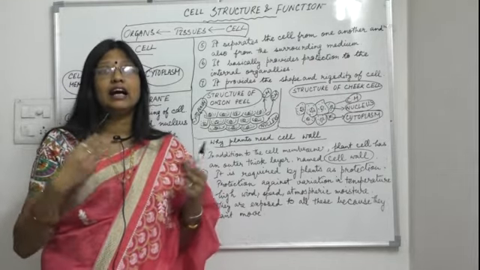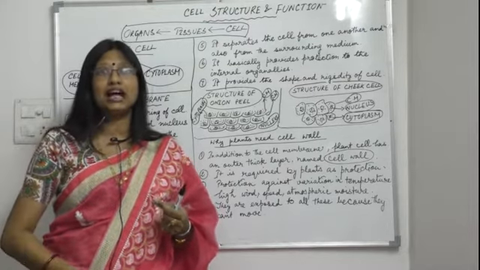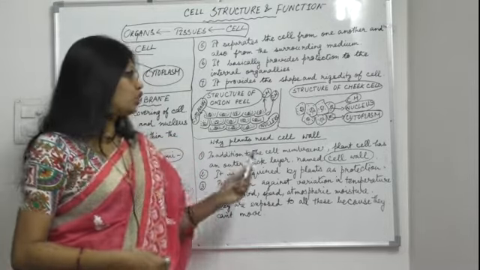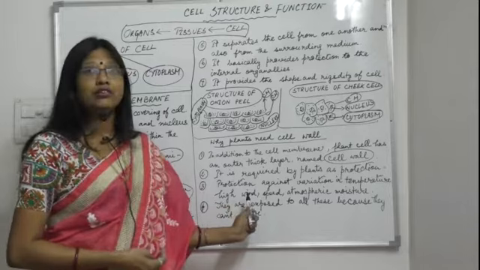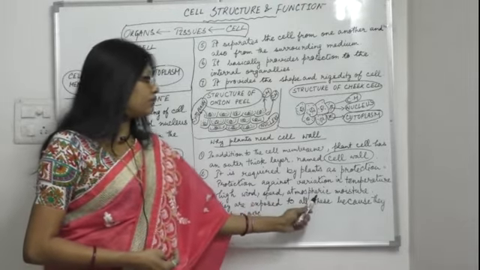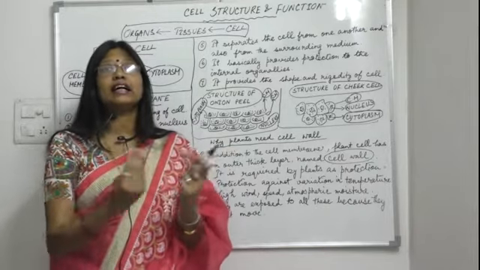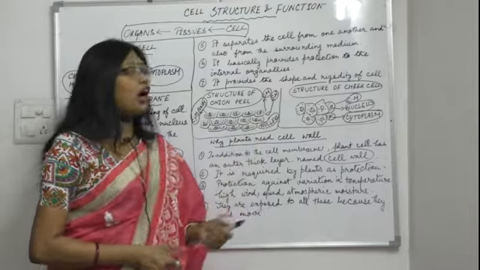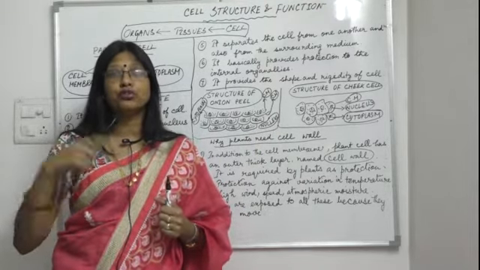If there is a temperature difference, we can move to another place, but plants can't. They have to stay there only. So to deal with these, they have another protective layer, called the cell wall.